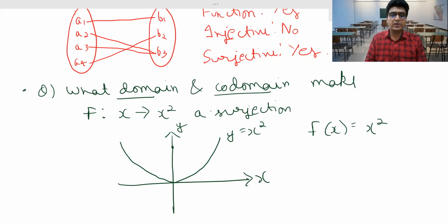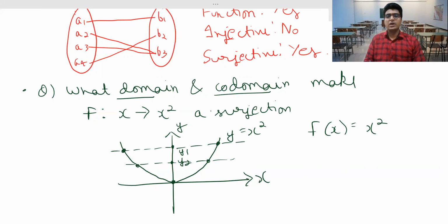So if I take any point here and draw a horizontal line, we can clearly see that we have two associations here. Okay, it intersects the graph at 2 points. For this particular y, let me call it y1, this is y2. So for y2, again, we have two associations. For y3, let me take 0. For 0, we have exactly one association.